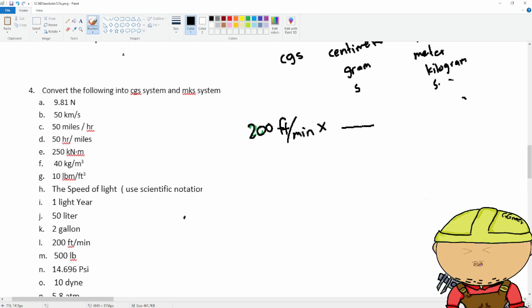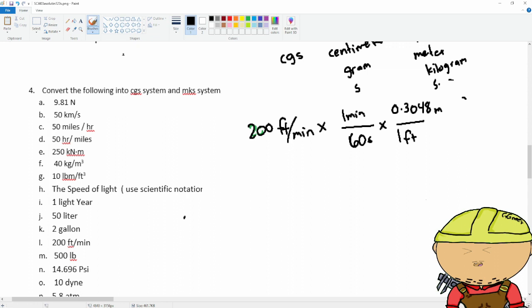Okay. So let's do this to MKS first. Let's do the seconds first, or the time. 1 minute is 60 seconds. Then 1 feet is 0.3048 meter.